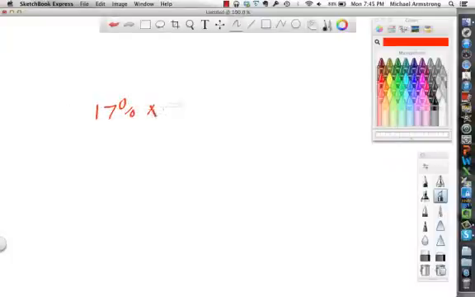17% of 49. Well, again, you might go to 20% of 50. Let's look at that. That is the same as 1/5 times 50.